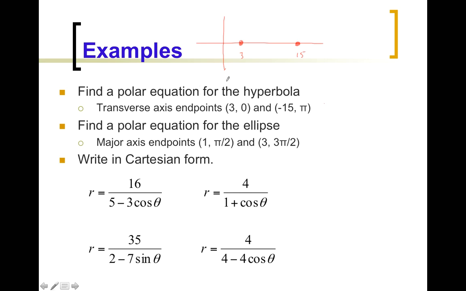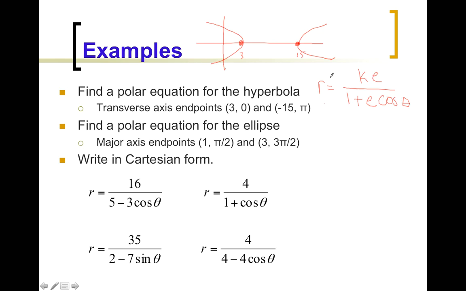And we want the polar equation. Now, because these are vertices, this opens like this and like this. The reason we need to know that is because the opening to the left means it's r equals ke over 1 plus e cosine theta.